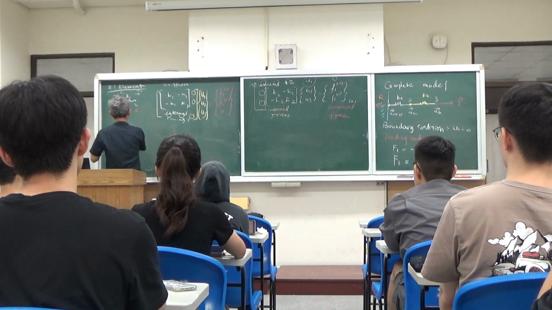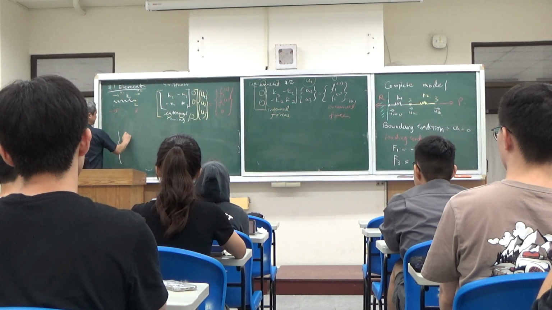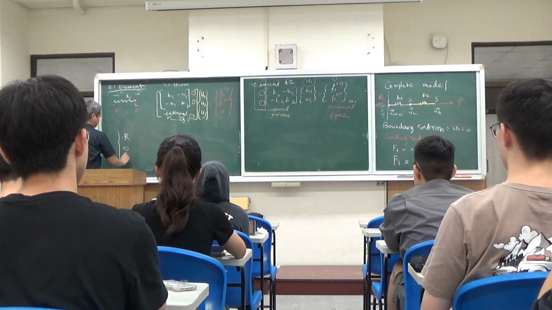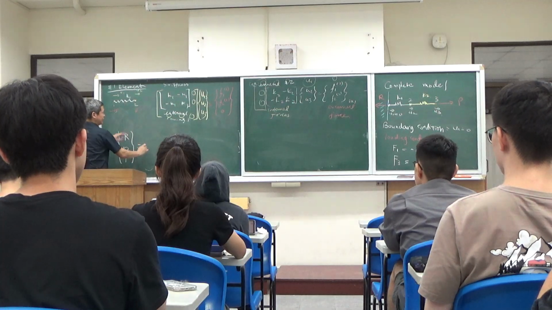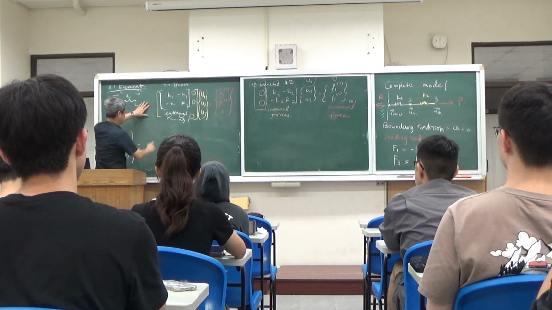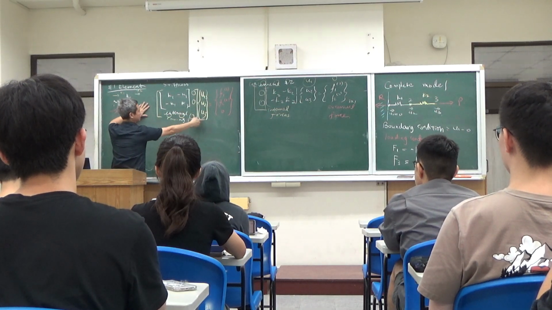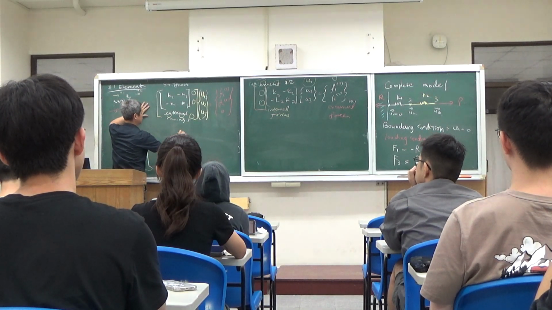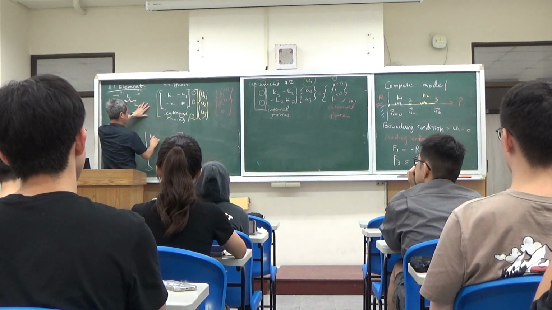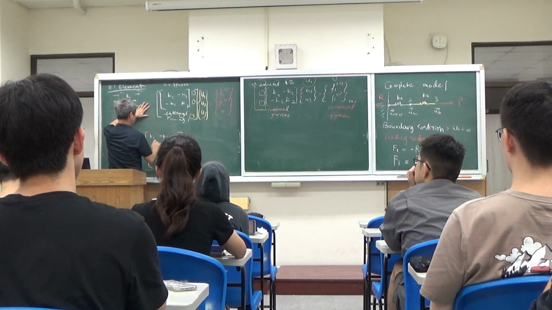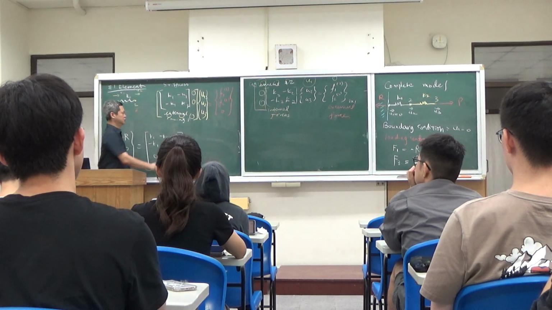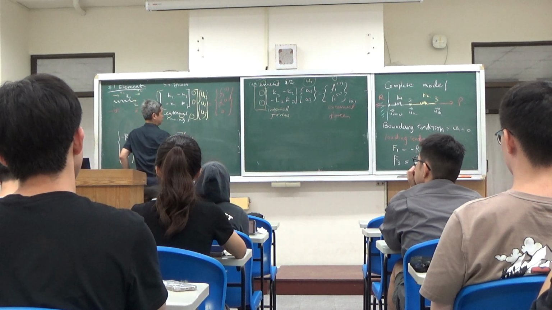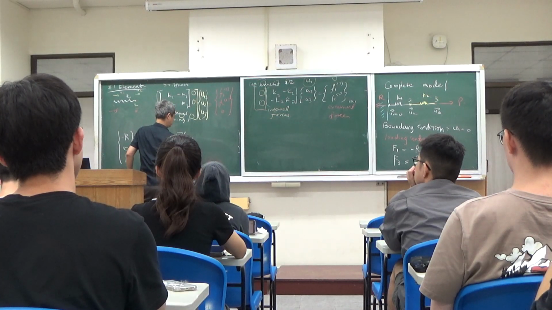So now we're going to write the force sum. The first internal force is the matrix K1, minus K1, 0; minus K1, K1, 0; 0, 0, 0 times U1, U2, U3.